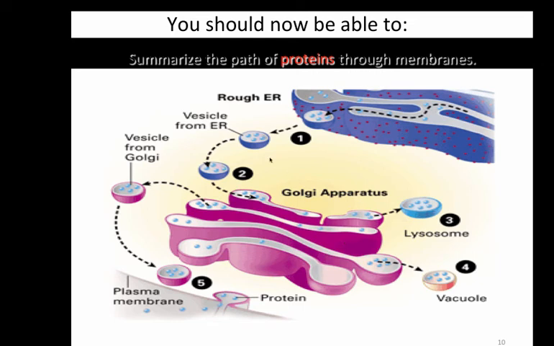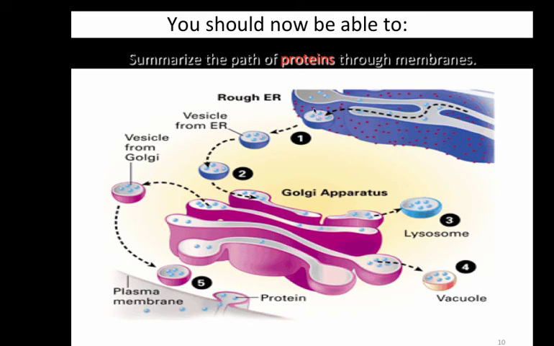So by now you should be able to summarize the path of proteins through the membrane system. If given an example of a type of protein that you know would be secreted, in a scenario, you should be able to demonstrate that you understand the paths that these proteins destined to become secreted would take.